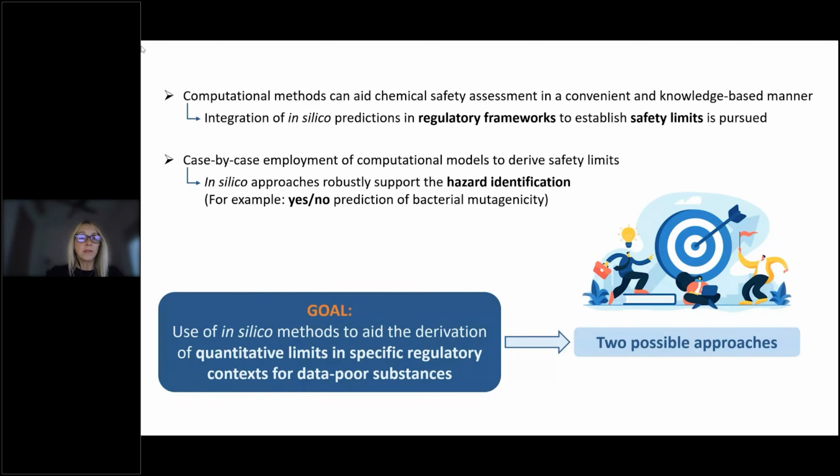The aim of this webinar is to present possible ways of using in silico methods to support the derivation of quantitative limits in specific regulatory contexts for data-poor substances. And in more detail, two approaches will be presented and discussed here today.